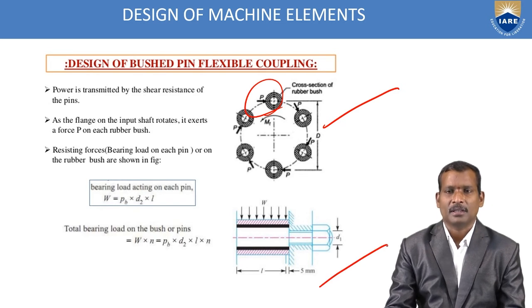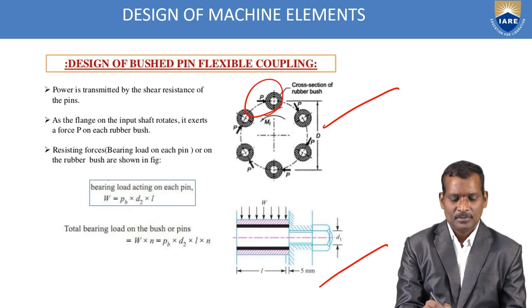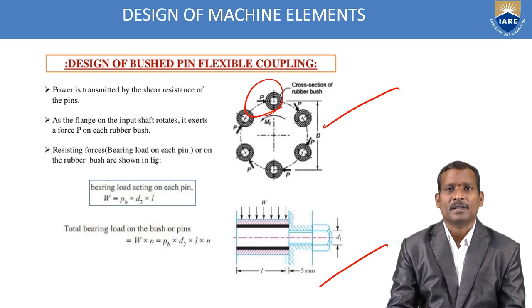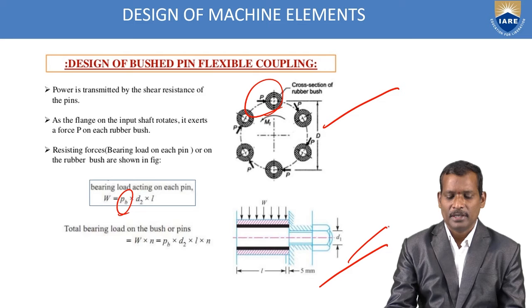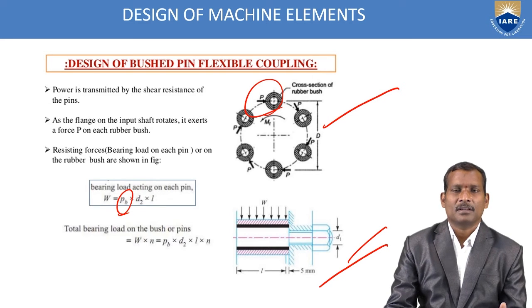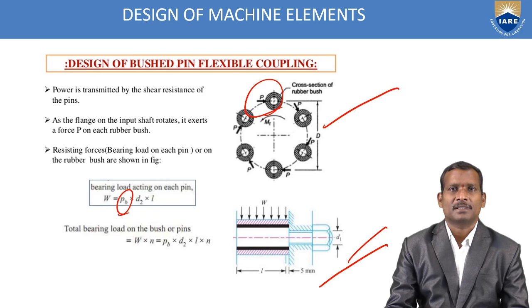You can see in this diagram the bearing load acting on each pin. So how much load is acting? You should calculate the bearing pressure multiplied with the bearing area, that is, the length times the diameter. Whenever the shaft rotates, it exerts a force on each rubber bush.